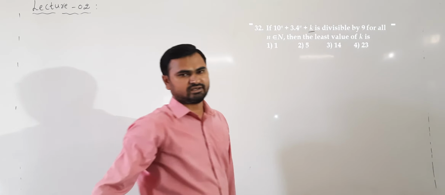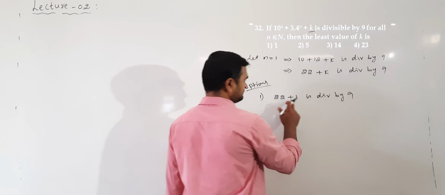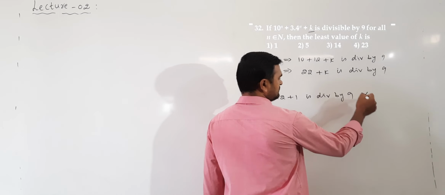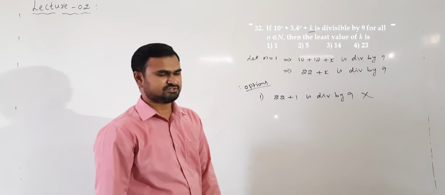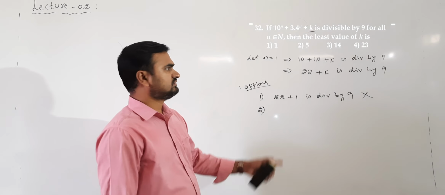k is 1 means 22 plus 1 is divisible by 9. Is it correct? 23, is it divisible by 9? No. So k cannot be 1. So first option is wrong. Next, take the next least value.